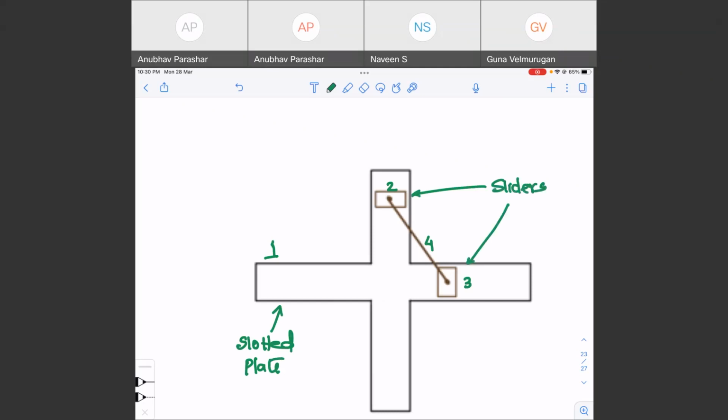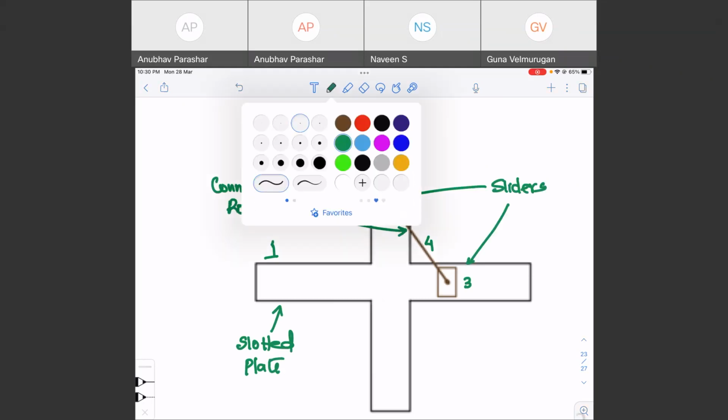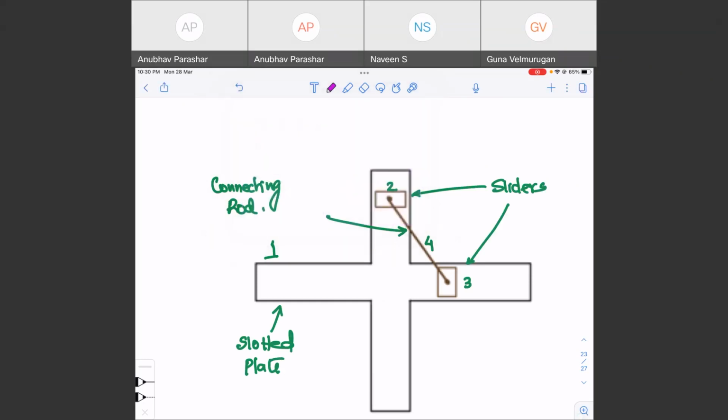There are 2 sliders, and this is nothing else but a connecting rod. So now you can fix the slotted plate, right? You can fix one of the sliders or you can fix the connecting rod.